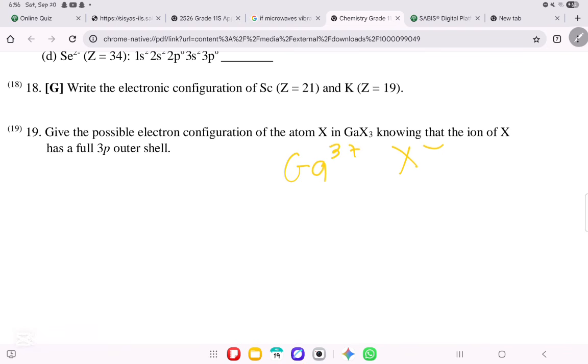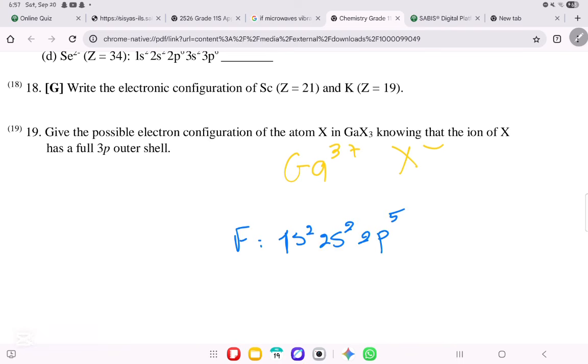Now, something you notice is that as you go down the group, they all have literally similar configurations, except that it's on a different energy level. For example, fluorine, not phosphorus, my bad. Fluorine is 9, so 1s2, 2s2, 2p5.